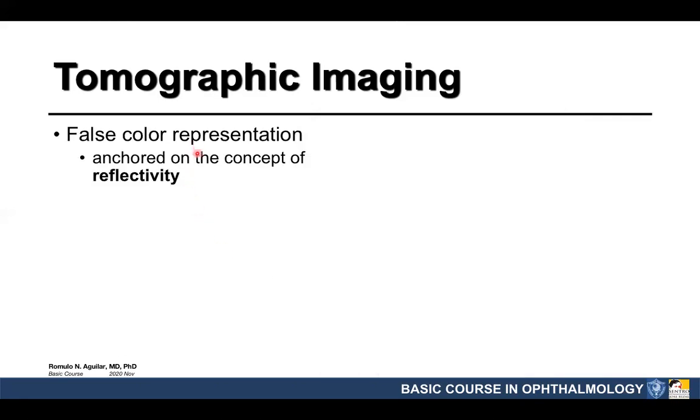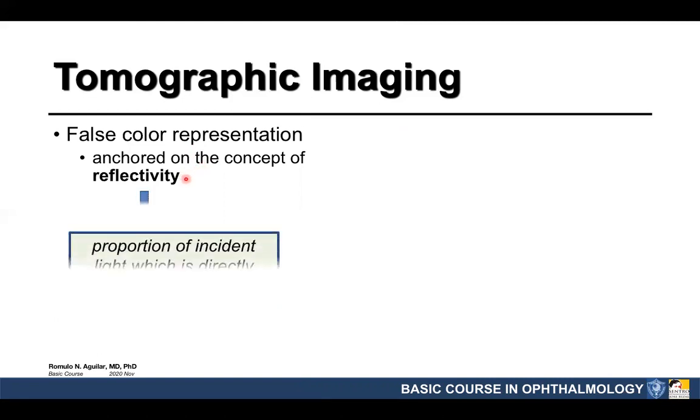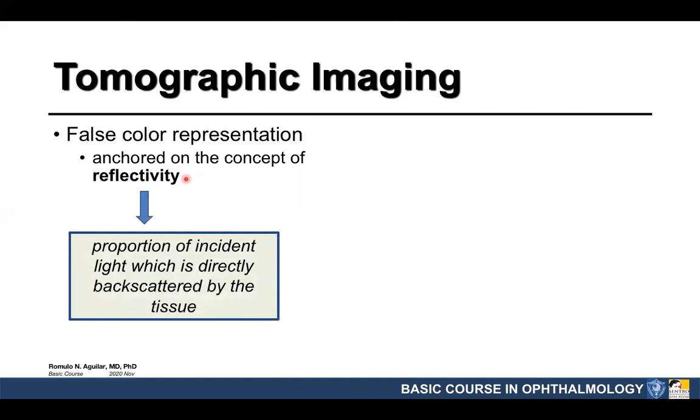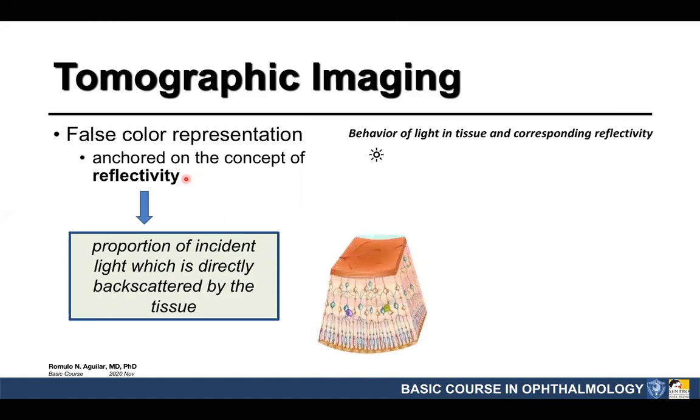Now, false color representation is anchored on the concept of reflectivity. Reflectivity is the proportion of incident light which is directly backscattered by the tissue. So, when light enters tissue, it behaves in many different ways and would emit the corresponding reflectivity. So let's say this is light. If it bounces back or reflects back, that is reflected light, and we say there is high reflectivity and is assigned the hot color red and also white.